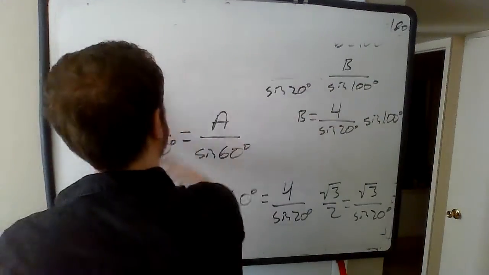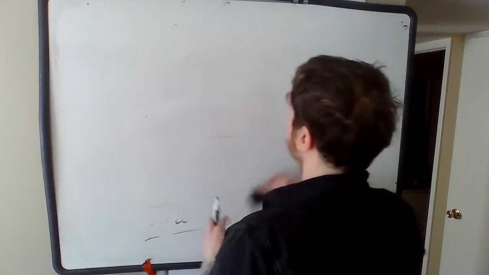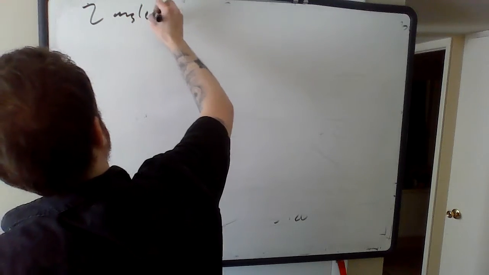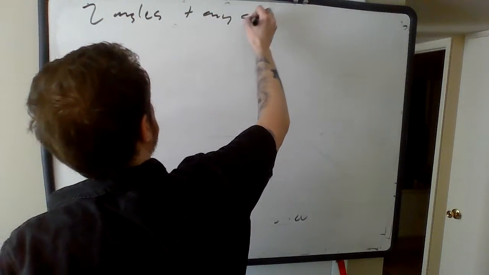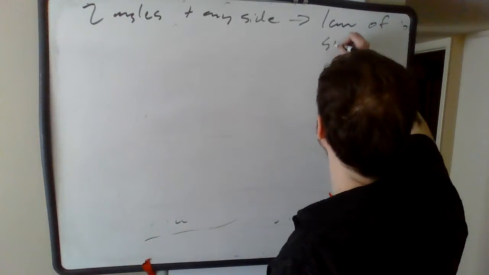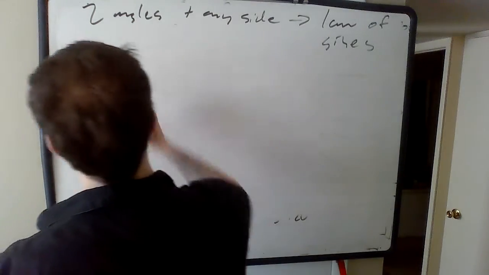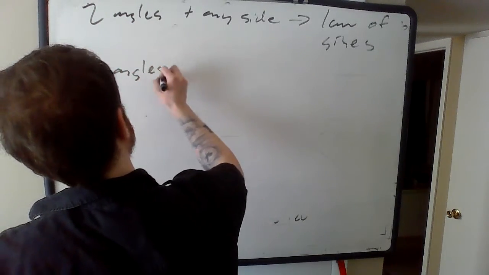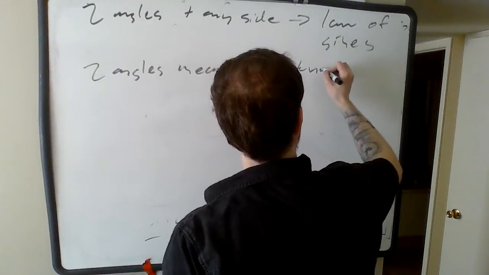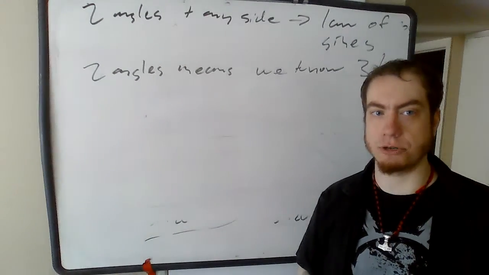So what we can say, really, is that 2 angles plus any side means I can use the law of sines. Essentially, because 2 angles really means we know 3 angles, since we know that all of the angles have to add to 180 degrees.